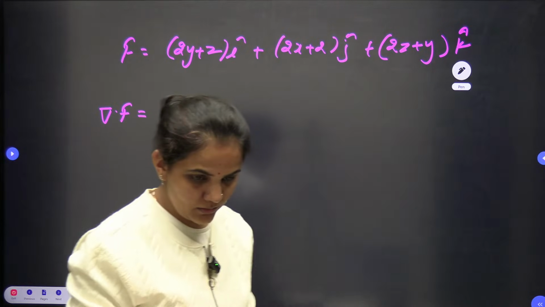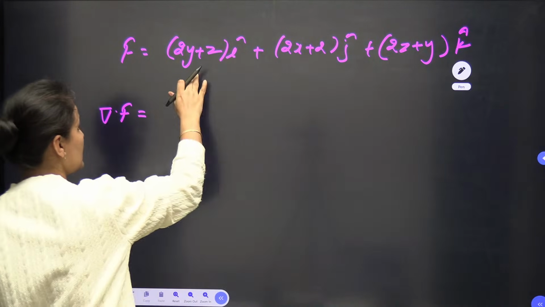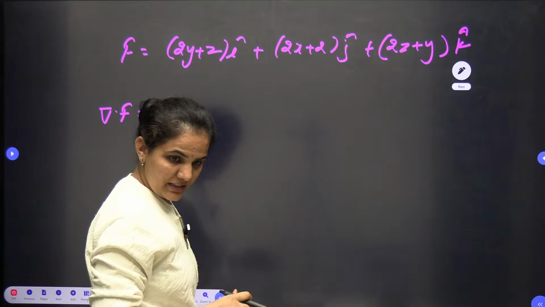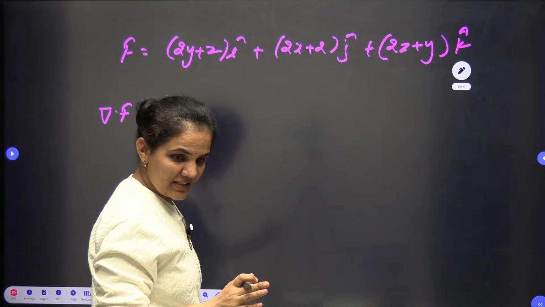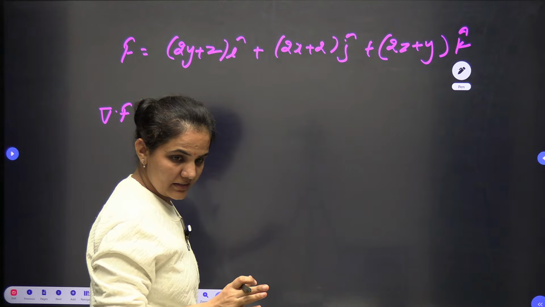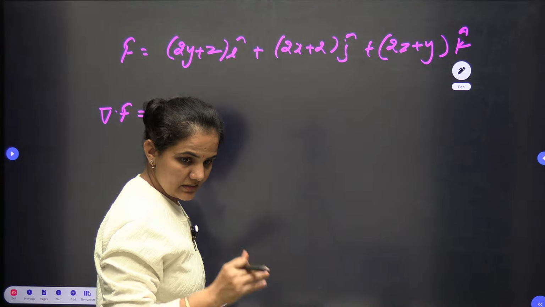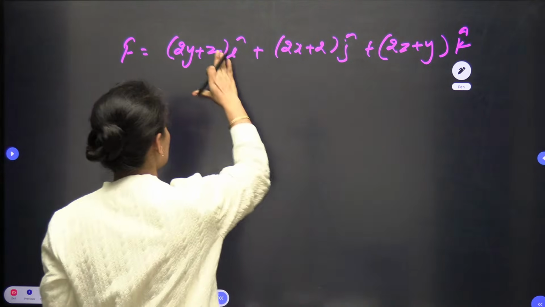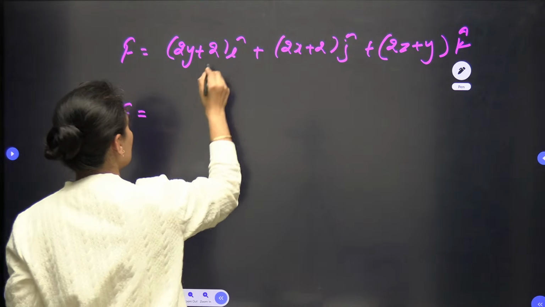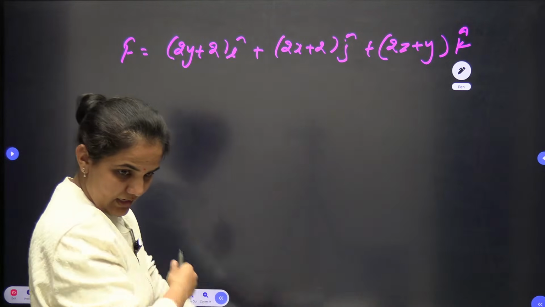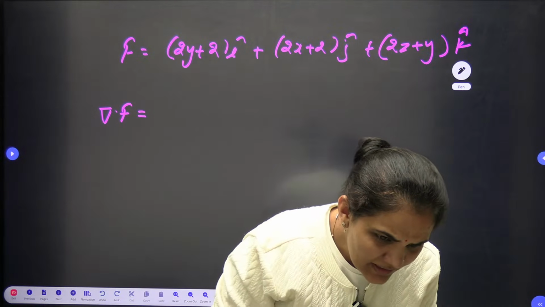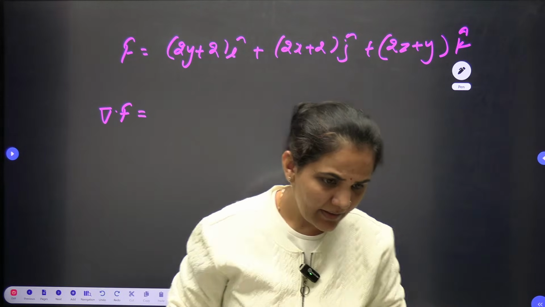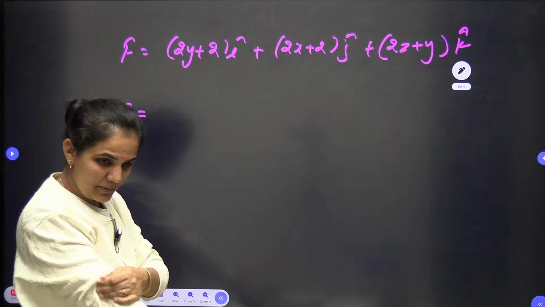I don't think so. Beta, you can confirm. If this is z and this is also z, is it z in both places? Because the data which I got is this one only: 2y plus z, 2x plus z, and the last one is 2z plus y.